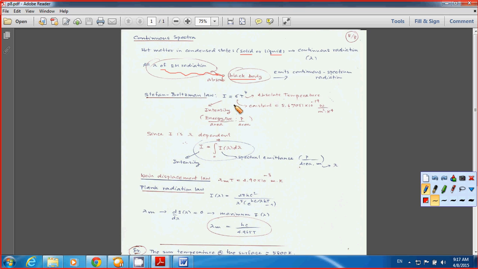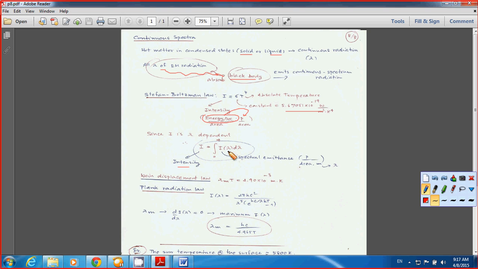Sigma is a constant, and I is the intensity in the unit of energy per second per area, where energy per second is simply the power, so it becomes power per area. And since the intensity is dependent on lambda, when you want to find the total intensity, you need to do the integration from 0 to infinity of I lambda d lambda.